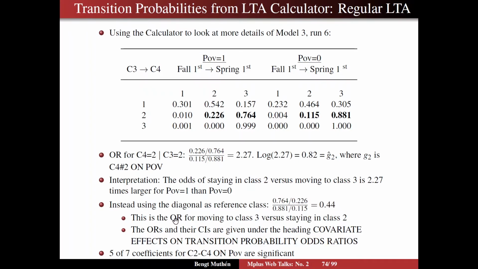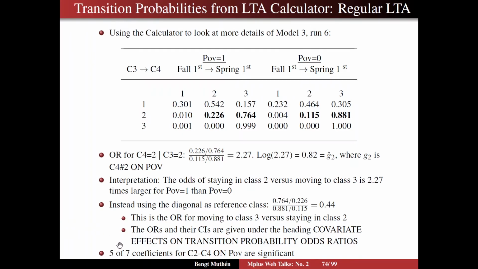So that's the odds ratio for moving to class 3 versus staying in class 2. Moving to class 3 versus staying in class 2 is lower for those in poverty than those not in poverty. So the odds is 0.44 lower for those in the less fortunate group.